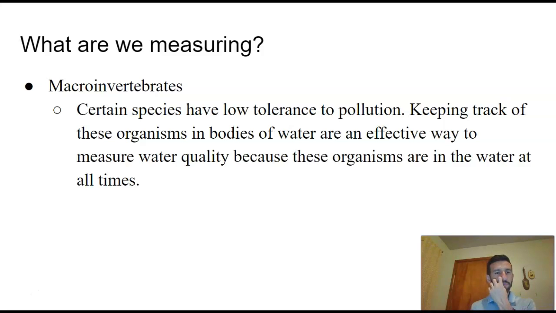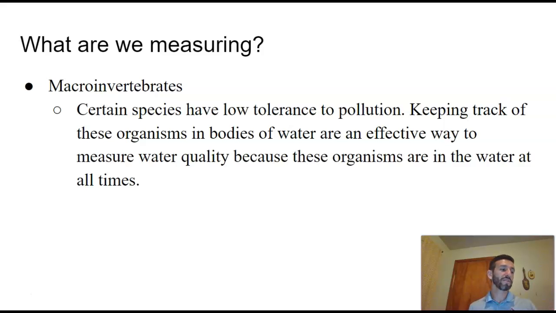All right, so macroinvertebrates. So certain species have low tolerance for pollution. Okay, so if you keep track of the population of these organisms in bodies of water, it's a really effective way to measure water quality. Okay, because these organisms are in the water all the time.